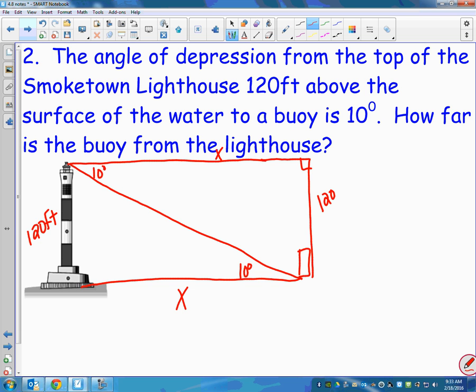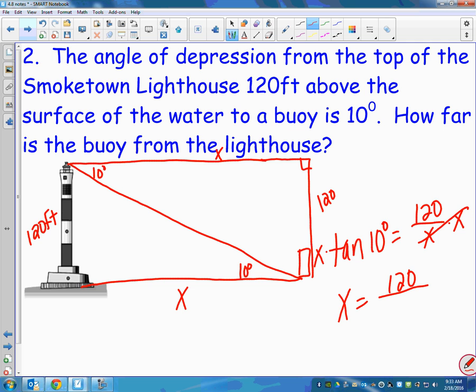On this one, right, if you set that up, you're going to get tangent of 10 degrees equals 120 over x. So if I know the angle, I don't use inverse. And then I just have to do the algebra, right? So if you multiply by x, and then you divide the tangent over, I always know if I'm looking for the denominator, then that means I'm going to take 120 divided by my trig function.